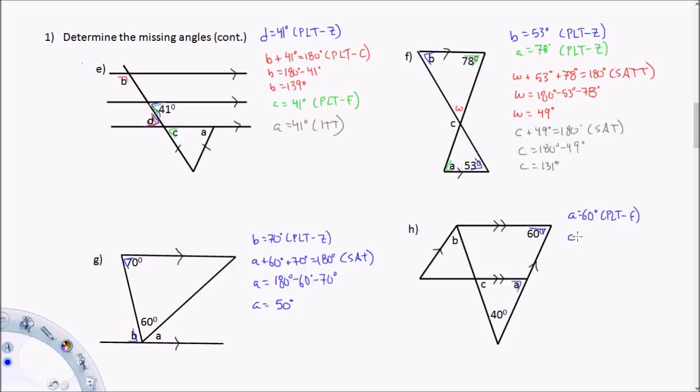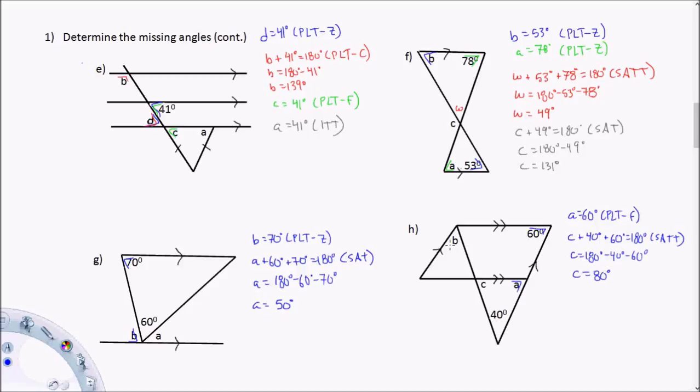So we could say that C plus 40 plus A, which is 60, is equal to 180 degrees because of the sum of the angles in a triangle theorem. Therefore, C would be equal to 180 minus 40 degrees minus 60 degrees. So we just subtracted 40 and 60 from both sides of the equal sign. Therefore, C is equal to 80 degrees.